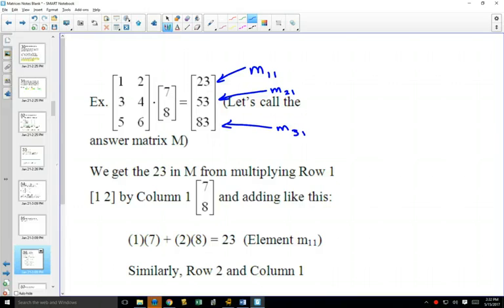So if we itemize each of those that way, we can talk about where those answers come from. And those answers come from the following. If I want to get this 23, it's in my answer, it's in row 1, column 1. So I need to take row 1 and column 1.